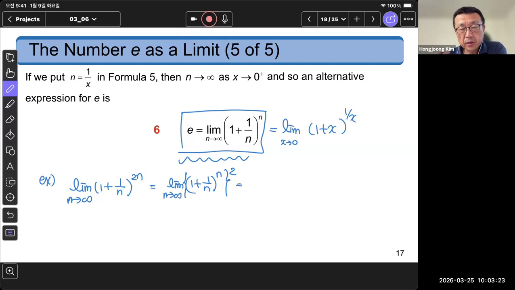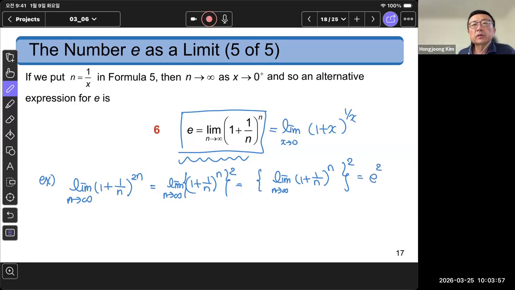As I said, the square function is a continuous function, and in case of a square function, I can switch this continuous function with the limit operator. So I can consider the limit of this, and then I can consider its square. And the expression inside the curly braces will have the limit of e. So the limit in this case will be e squared.